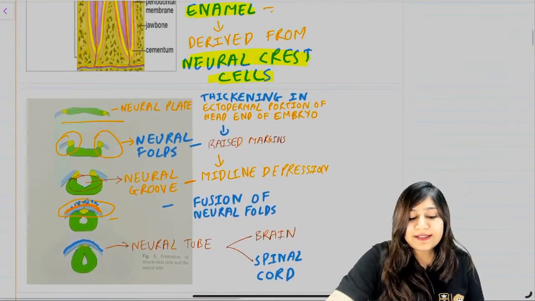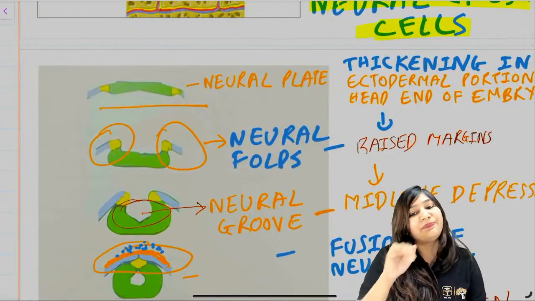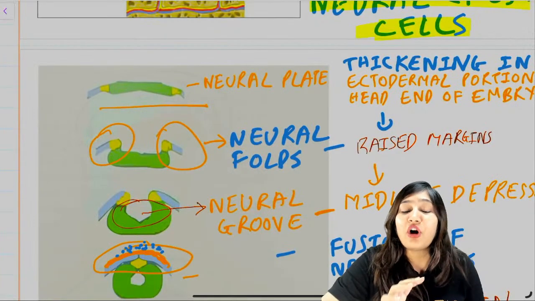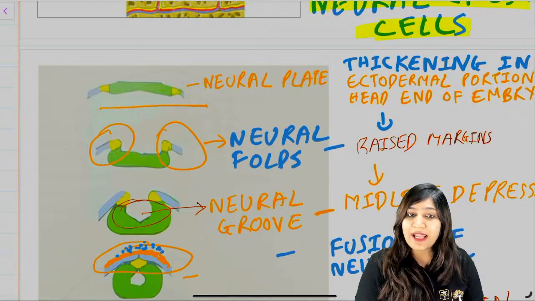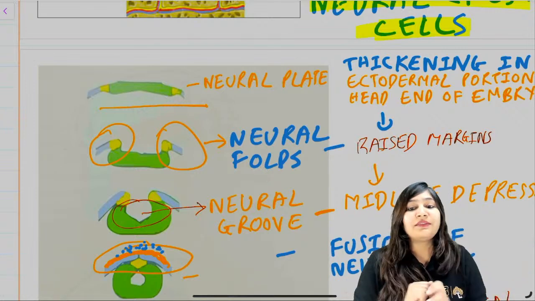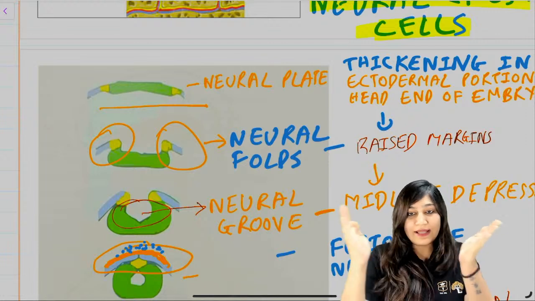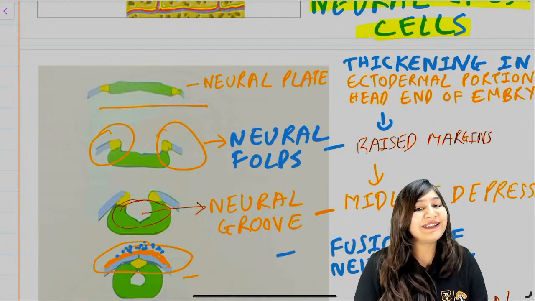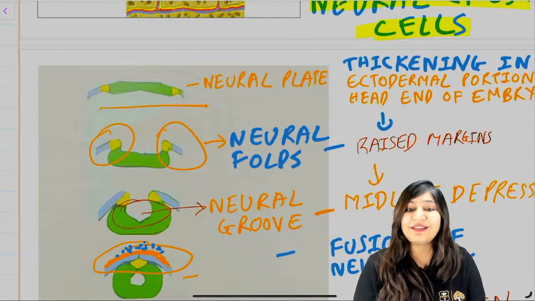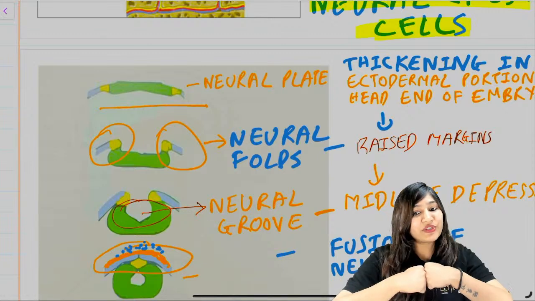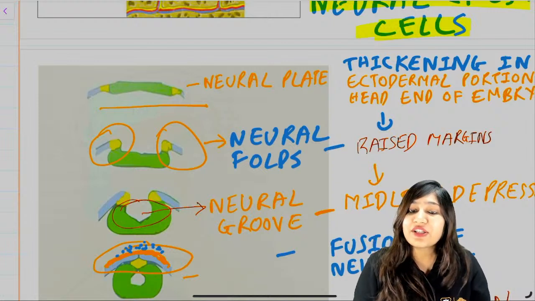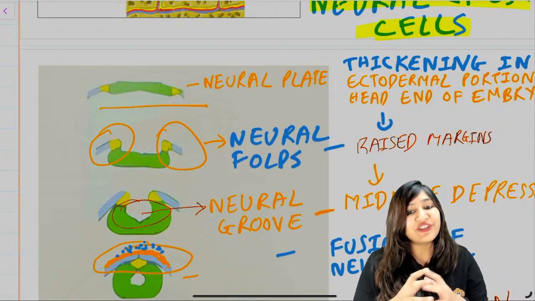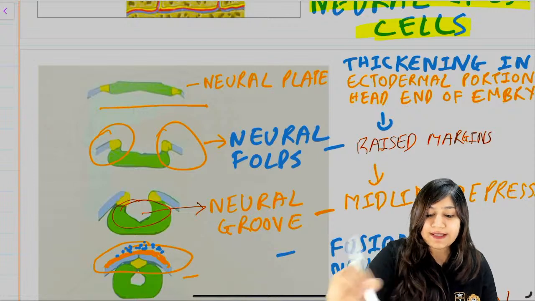We have neural plate formed by thickening of the ectodermal portion of the head end of the embryo. Then it has raised margins, which are neural folds, encompassing a midline depression, that is neural groove. These folds fuse together, and at the crest of these folds we have differentiation of a group of cells, which are our neural crest cells.